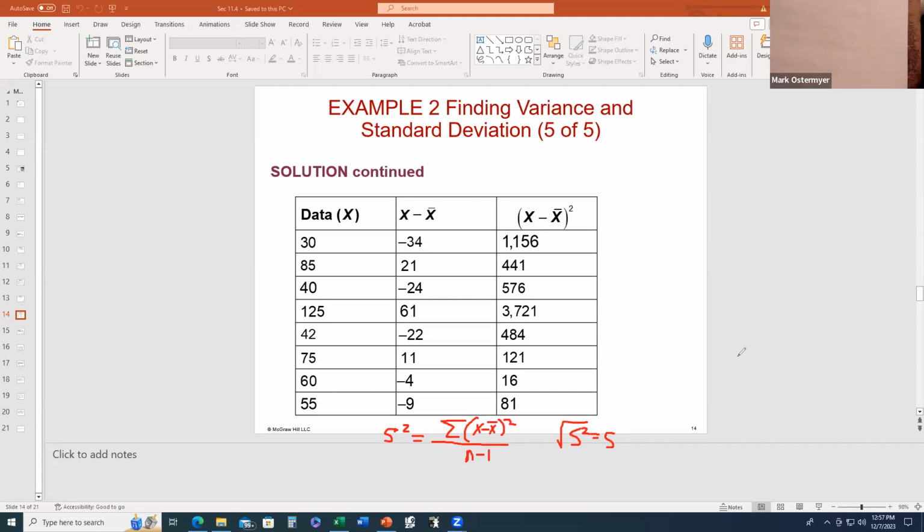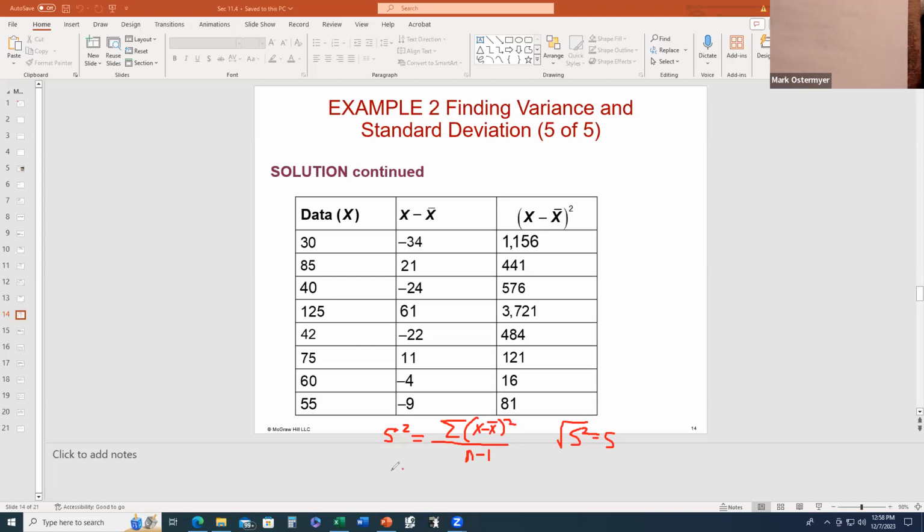And the only difference between these symbols and the symbols used for a population would be, instead of s squared, we would have the variance of a population being lowercase sigma squared.